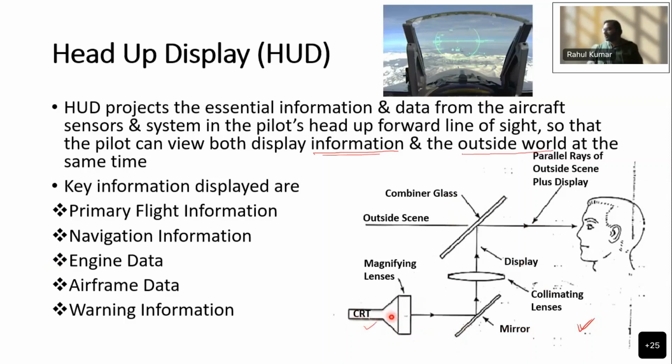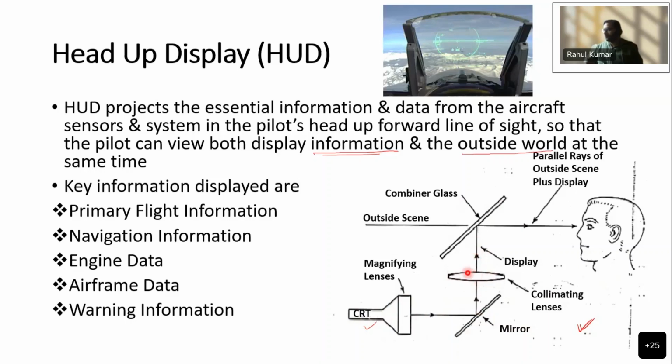Generally CRT is used, and the combiner consists of an assembly of mirror and lenses. So what it does is, whatever information the display is producing, it is reflected.